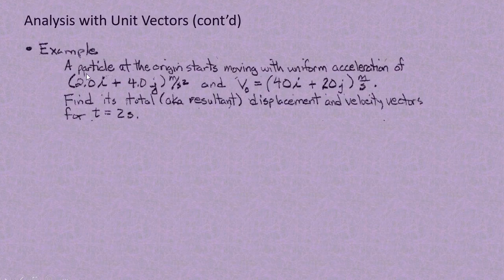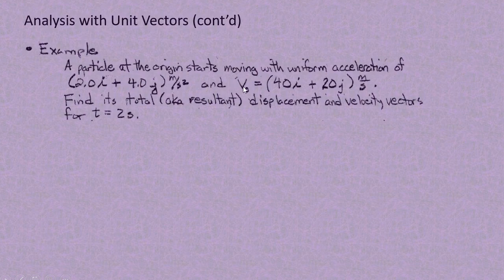Let's look at an example and see how we use this to do problem solving. So here we have a particle that starts at the origin and it moves with a uniform acceleration of 2.0 i plus 4.0 j meters per second squared. Again, this is giving you the magnitude of the horizontal acceleration, and this is giving you the magnitude of the vertical acceleration.